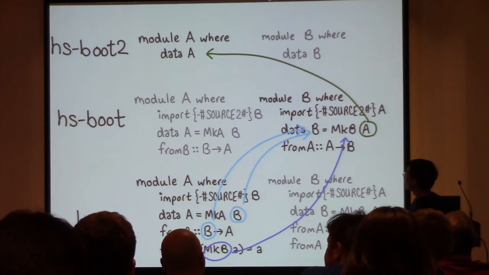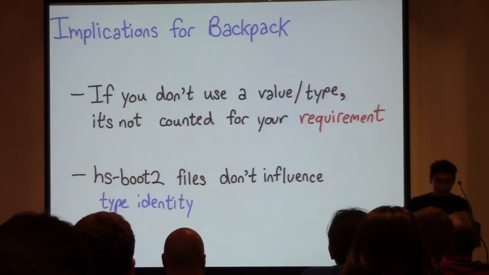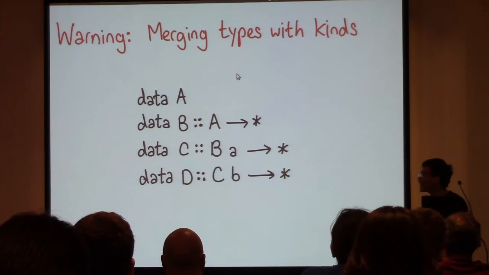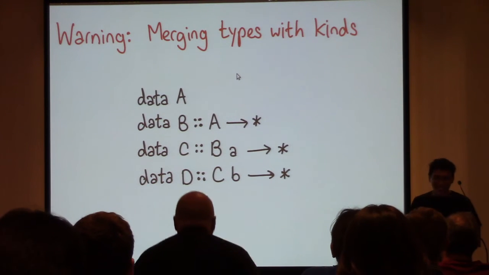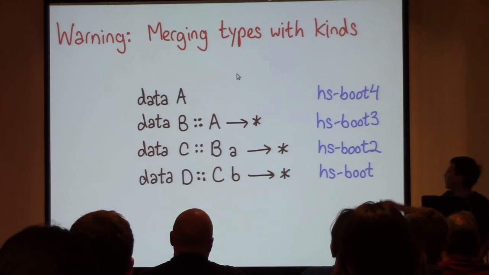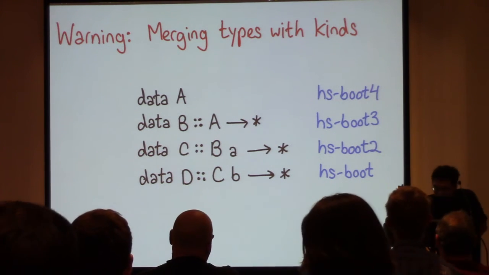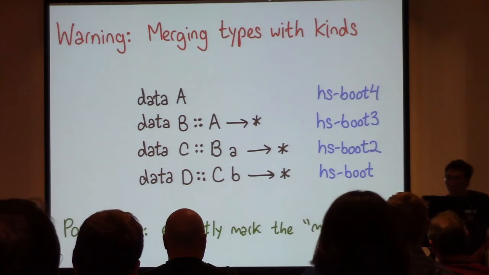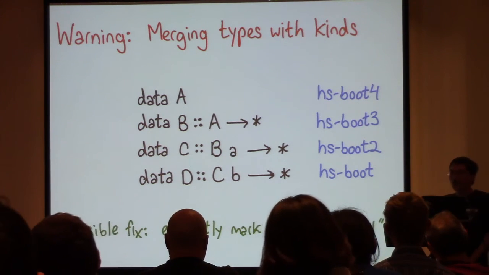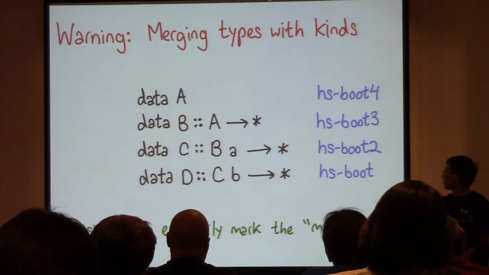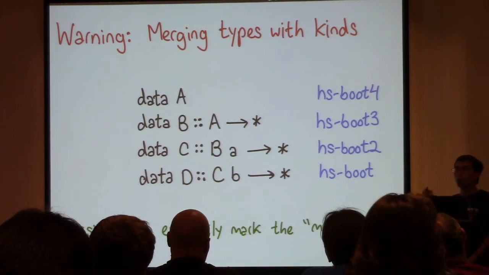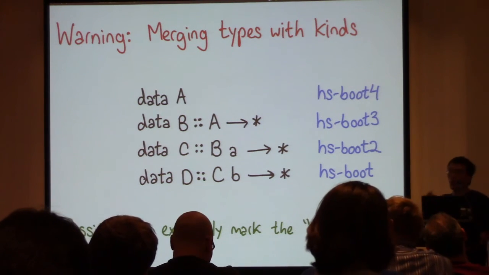Oh yeah. Why don't I go there? Warning! Merging types with kinds. So what do we do? The big problem is you may need arbitrarily many levels. So I think actually having arbitrarily many HS boot files is okay. The real problem is you're not writing them.